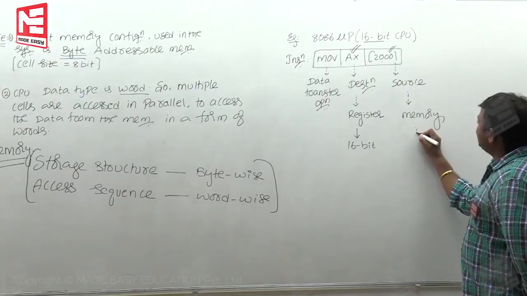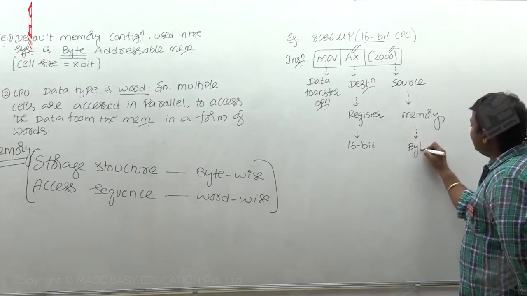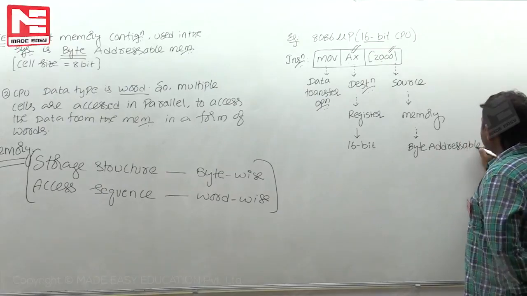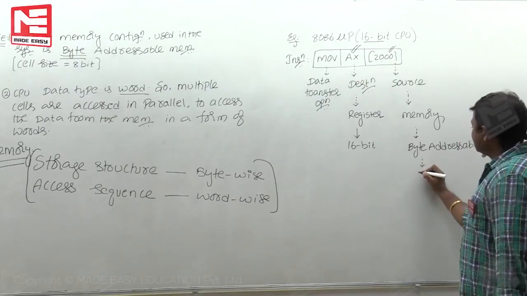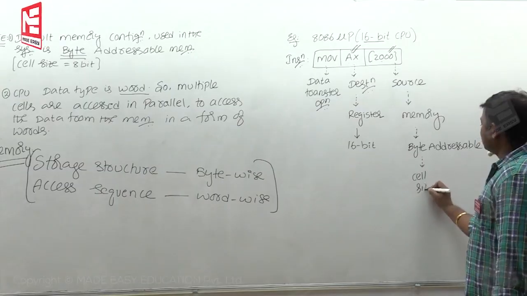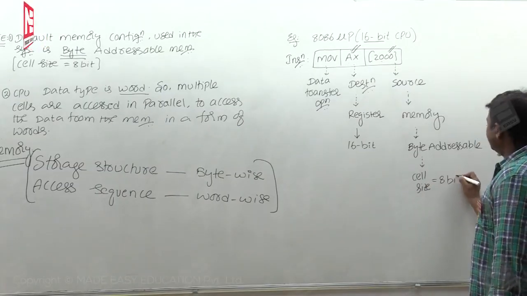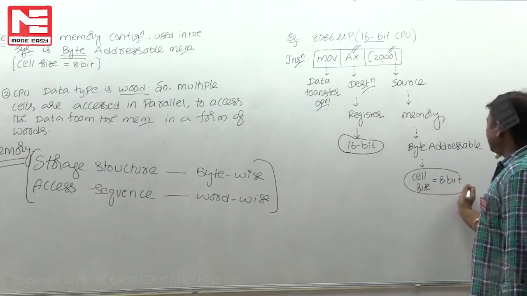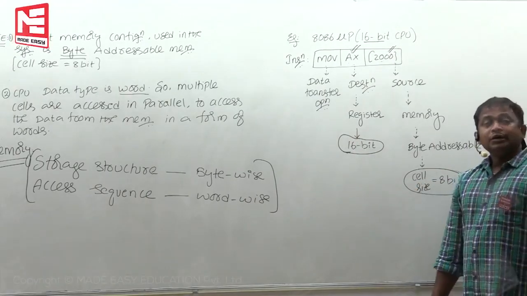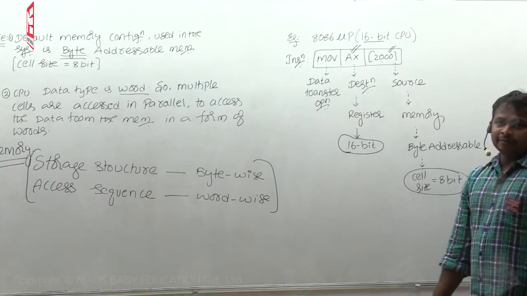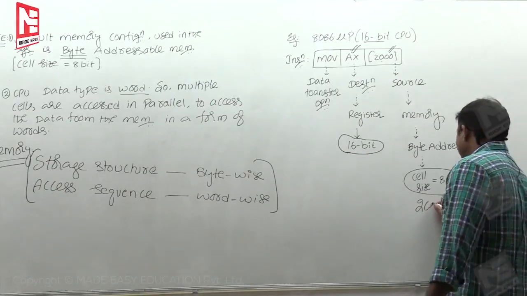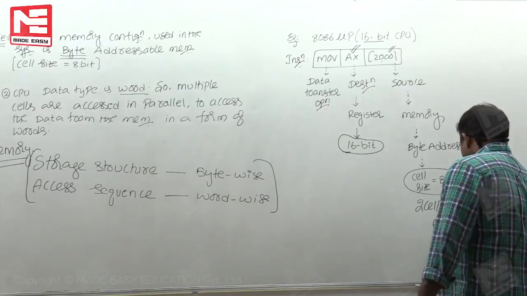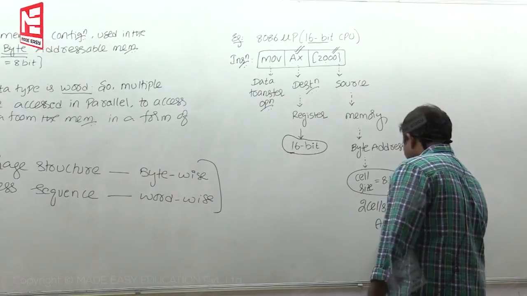Now, what will the memory be? Memory is a byte addressable memory. Byte addressable memory means what? Cell size equal to 8-bit. Now you tell: we are expecting 16-bit data, but in the cell 8-bit data is there. So to get the 16-bit data from this memory, two cells are accessed in parallel.